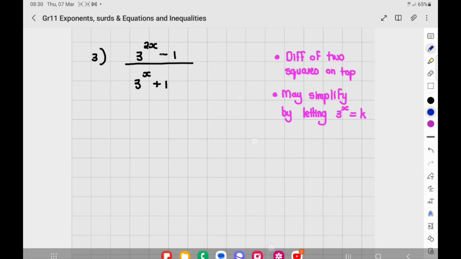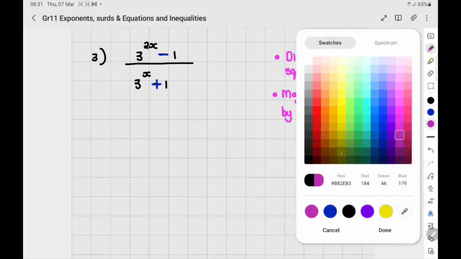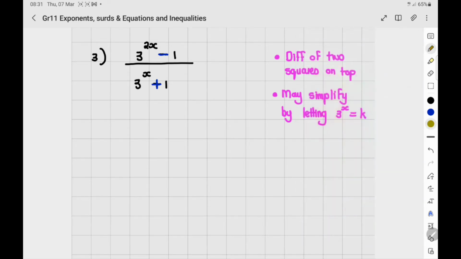Why? Because we've got a minus and a plus at the top, or anything, but there's 2 terms at the top, 2 terms at the bottom. So now, just to make it a little bit simpler, I'm sure you've heard of the K method, where I'm going to substitute my 3 to the power x, and I always show it like that, as k.